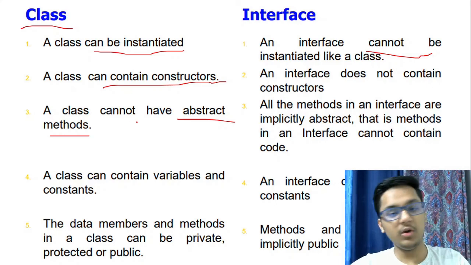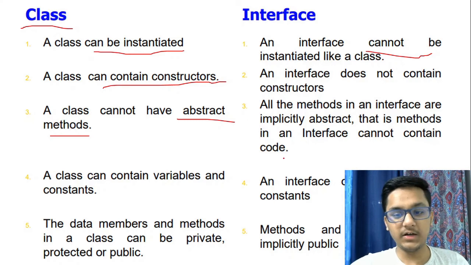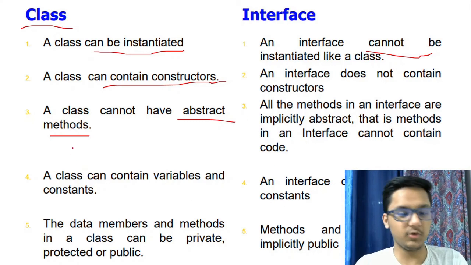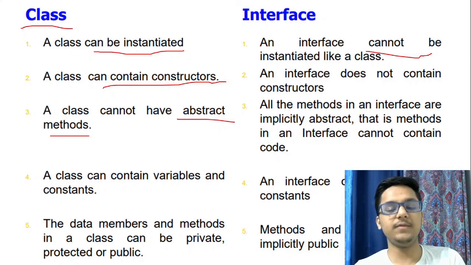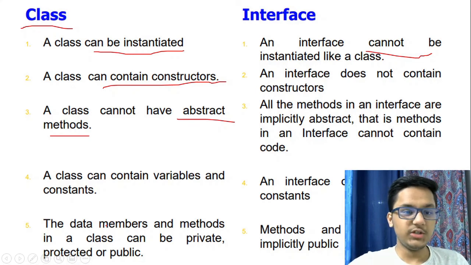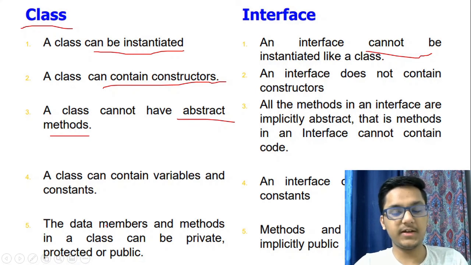In an interface, all the methods are implicitly abstract and all the variables are constants. However, in a normal class, they may or may not be constants. And again, like an abstract class, in a normal class we can specify the access specifier public, private, or protected. But in an interface, they are all implicitly public. So these are the essential differences between a concrete class, an abstract class, and an interface.